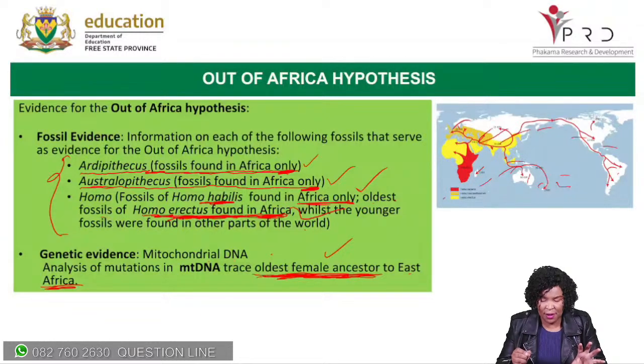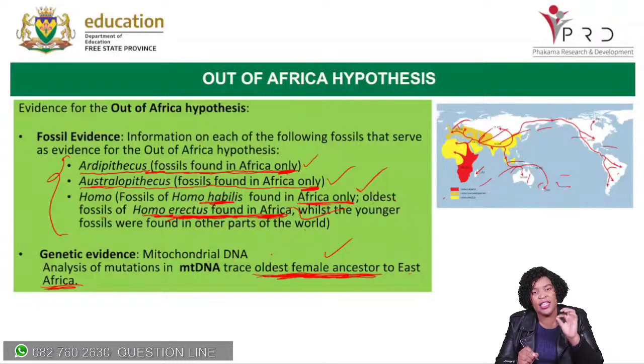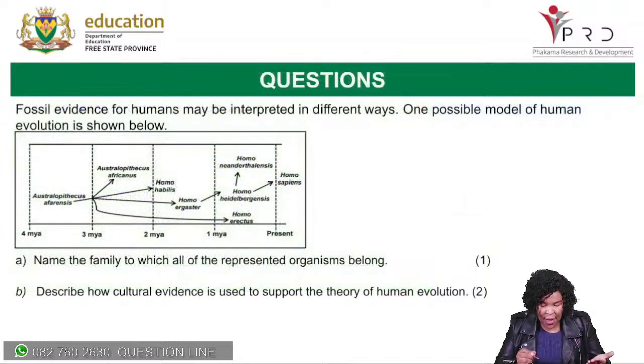So that is the out of Africa hypothesis, and we have now come to the end of our topic. Remember, this is a very big topic, but you can get good marks on it because it is fairly easy. If you just go back and look at the pointers that we've discussed, you will do very well on this topic. And then there are questions.